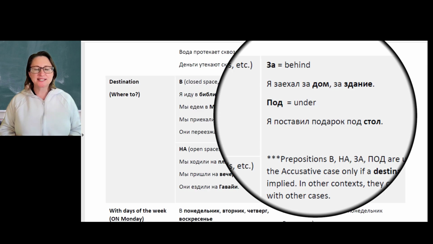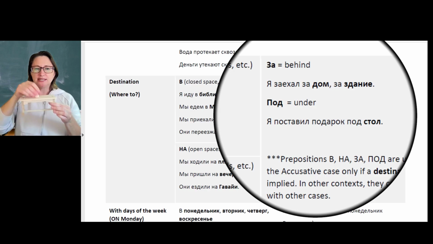Okay, and here's the next example for the preposition под, or under. Я поставил подарок под стол. Я, masculine, put the gift underneath the table. So here is the gift, and I'm putting it underneath the table, right here. Now, if I put it on the table, it will be я поставила подарок на стол.